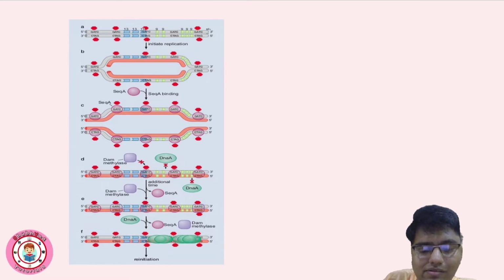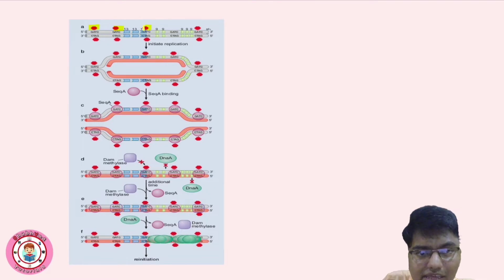Basically, see, all these things happen properly. Methylation state is important for the regulation of DNA replication because the parental strands are methylated. We can see here, this represents methylation.